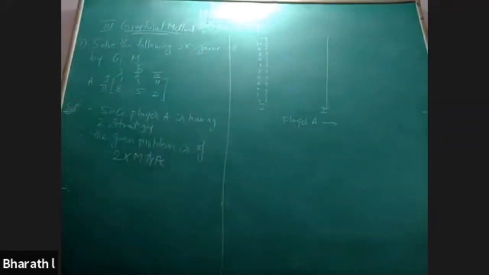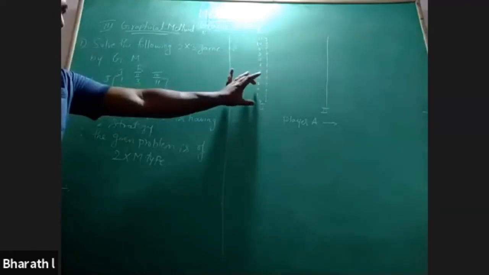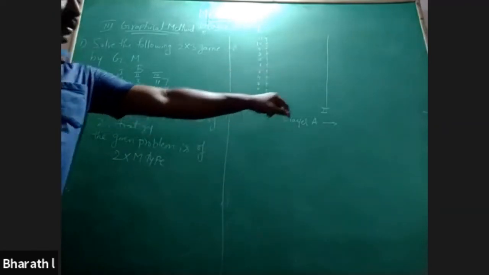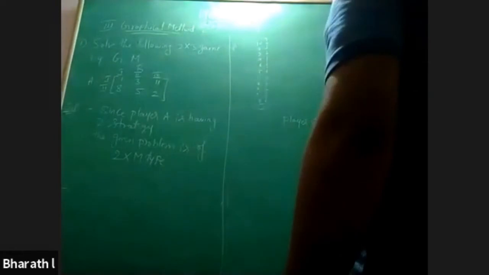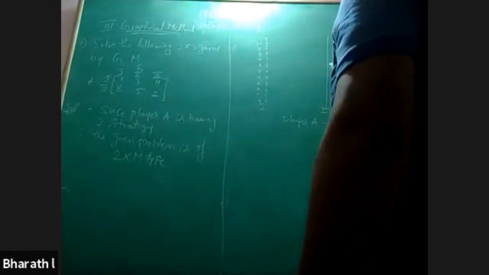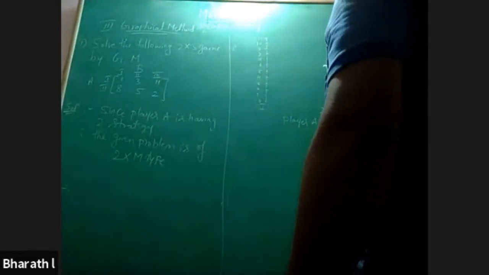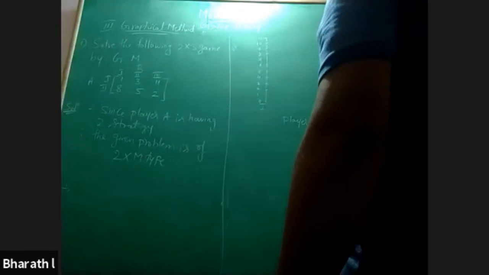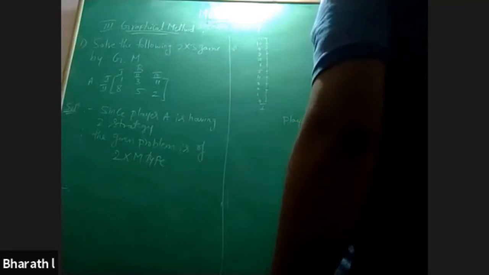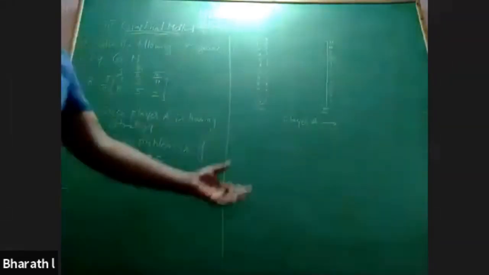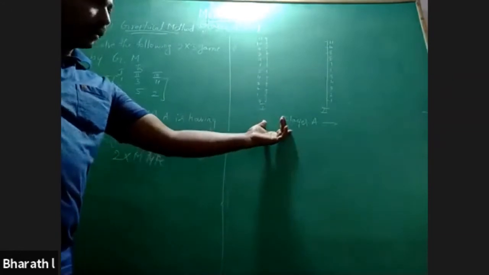Similarly, on strategy 2, the same scale you need to take: 1, 2, 3, up to 11. You need to draw this in a graph sheet.